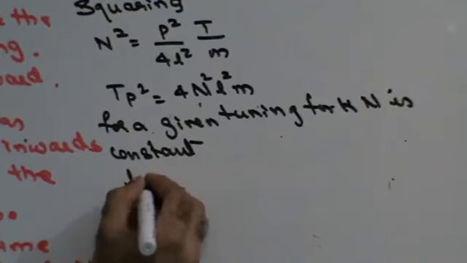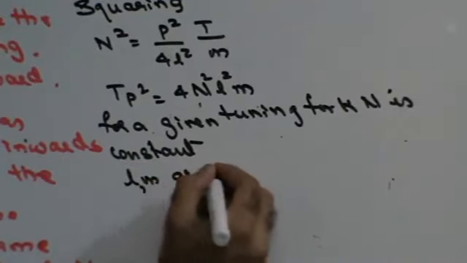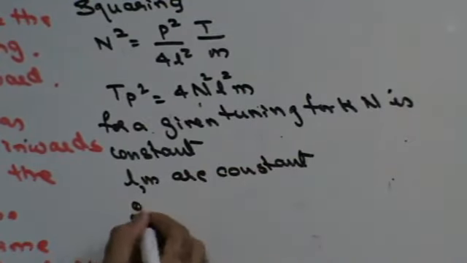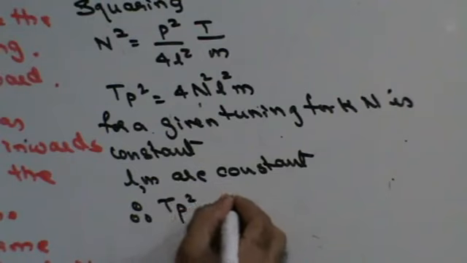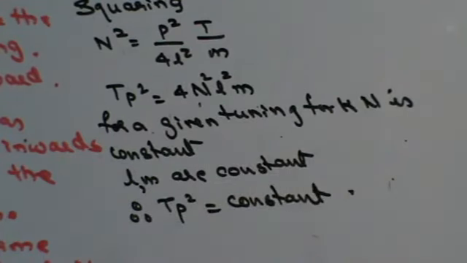Also the length and mass per unit length are constant. Therefore, I can say that T p square is constant. So whether it is parallel or perpendicular position, T p square is going to be constant. Fine, do we get this thing clear?